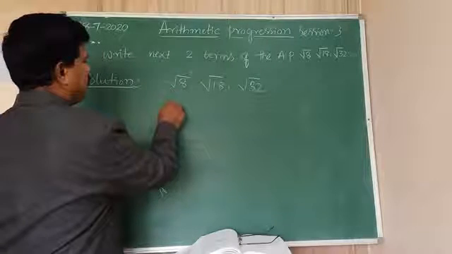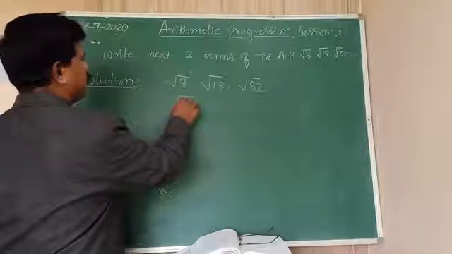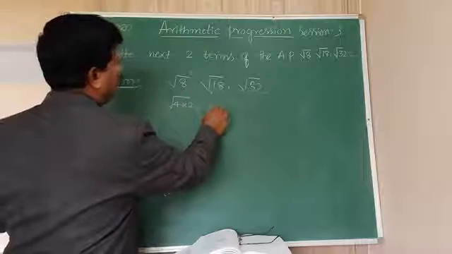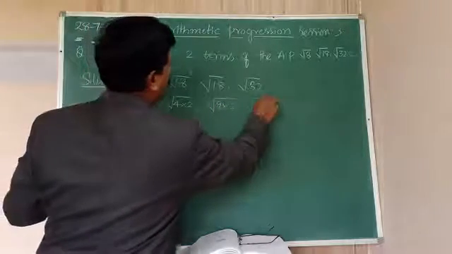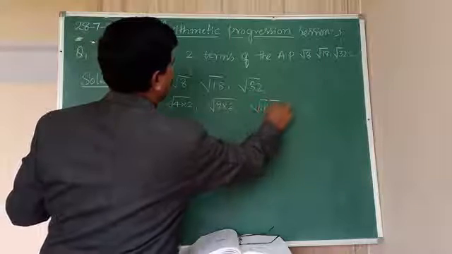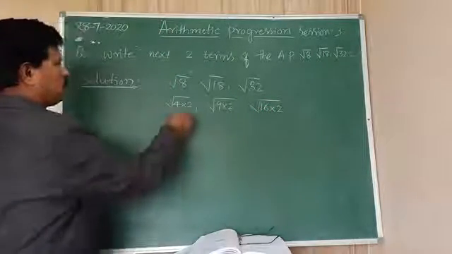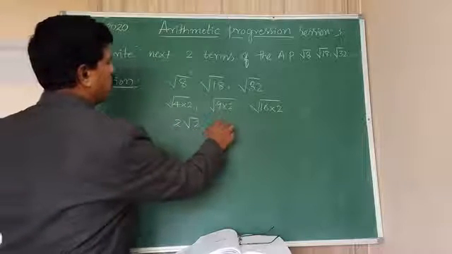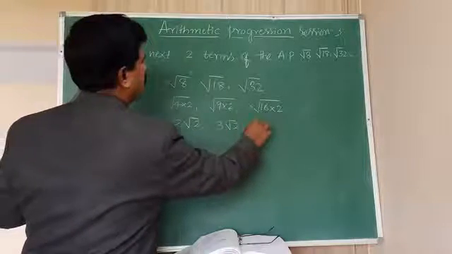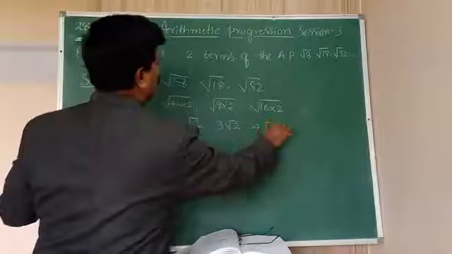So root 8 can be written as root of 4 into 2. Root 18 can be written as root of 9 into 2. And root 32 can be written as root of 16 into 2. So this becomes 2 root 2, this is 3 root 2, and this is 4 root 2.